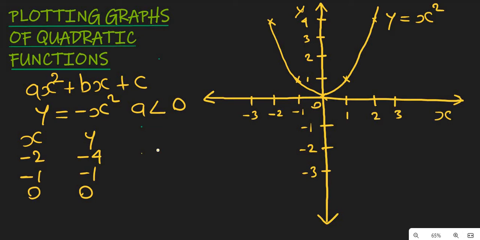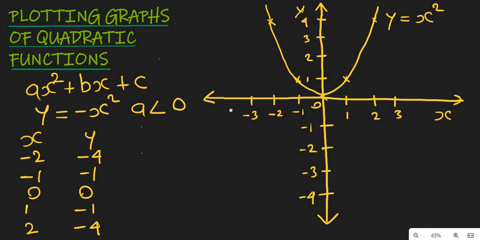Like in the case of the previous function, this function also goes through the origin. Then if we substitute 1, 1 squared is 1. 1 multiplied by minus 1 is minus 1. When we substitute 2, we get minus 4. Let's draw the graph.